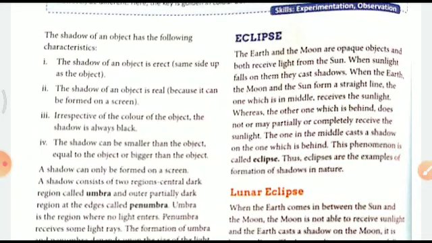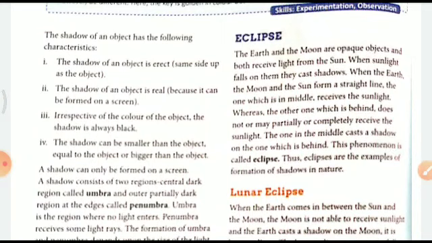When the earth, the moon and the sun form a straight line, the one which is in the middle receives the sunlight, whereas the other one which is behind does not, or may partially or completely receive the sunlight. The one in the middle casts a shadow on the one which is behind. This phenomenon is called eclipse, right? Thus eclipse are the examples of formations of shadow in the nature.